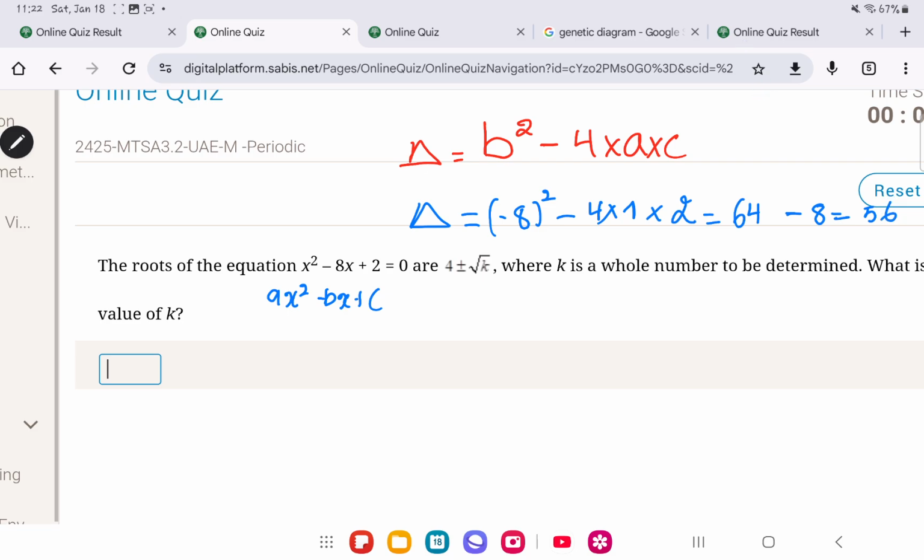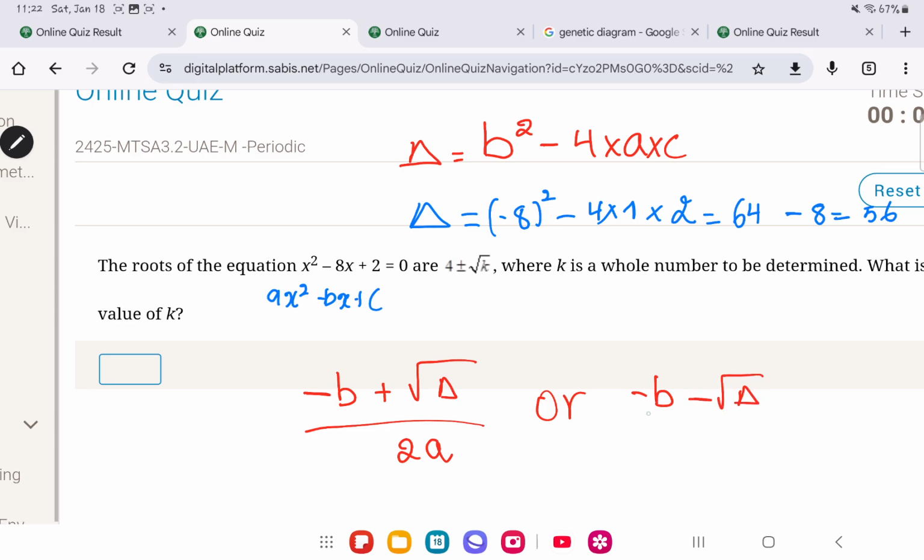Now the roots, they can either be minus b plus radical delta over 2a, or minus b minus radical delta over 2a.